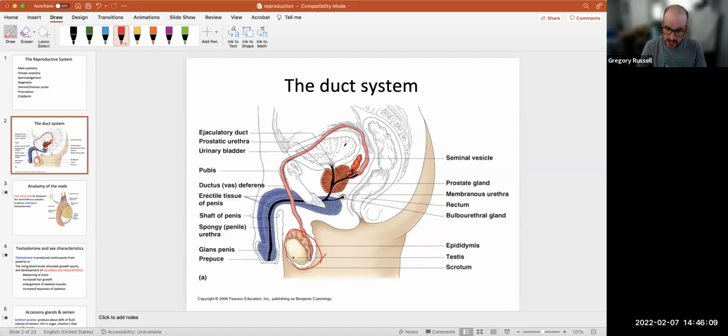The testes are housed outside of the body cavity in a sac of skin called the scrotum. The reasoning behind the evolution of a scrotum is that sperm can't be made at body temperature. They have to be produced at a little bit lower than body temperature.